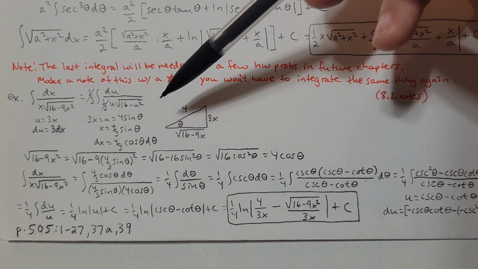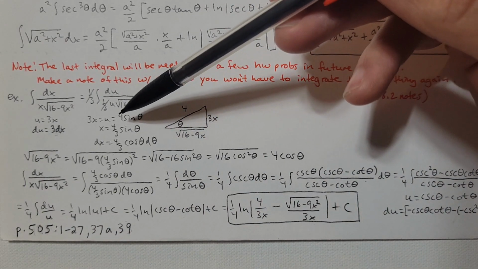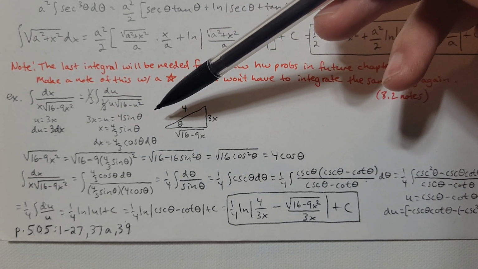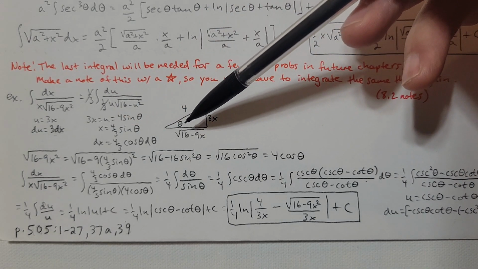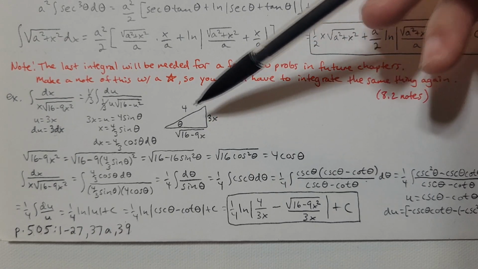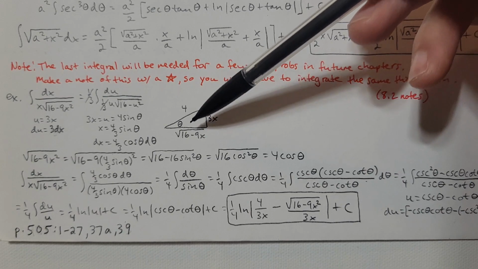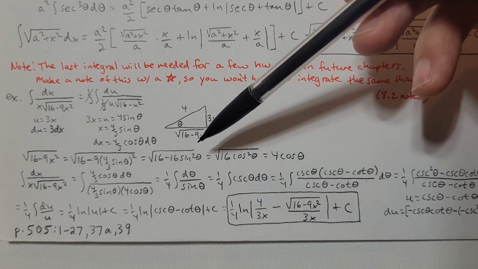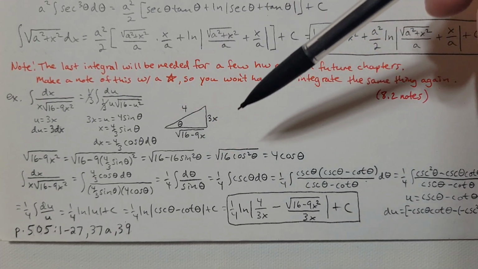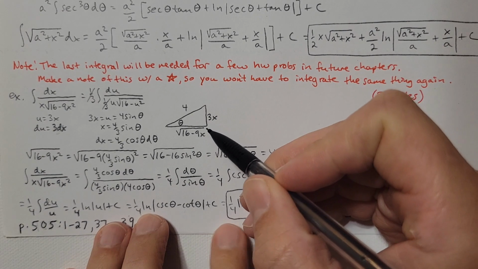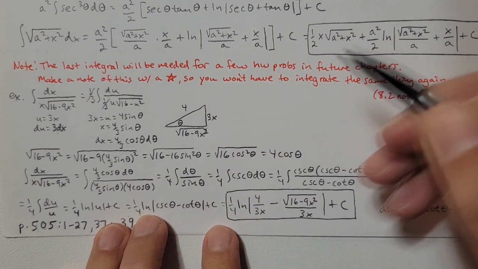I can build my triangle here. If I divide both sides by 4, 3x over 4 equals sine theta. Here's theta. The opposite side would be 3x. The hypotenuse is 4. And the leftover adjacent side would be the expression that led us to the trig substitution here. By the way, that should be a squared term right there.